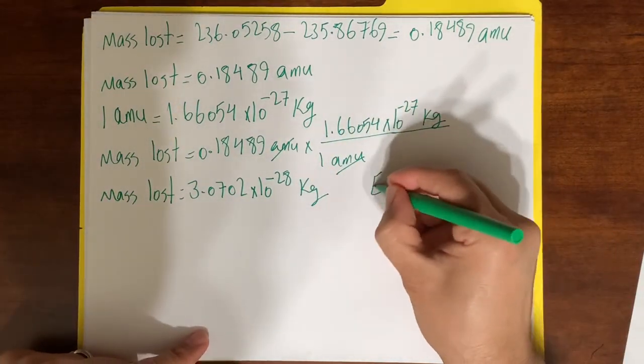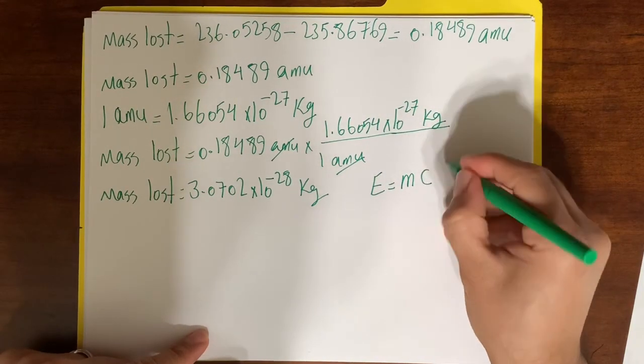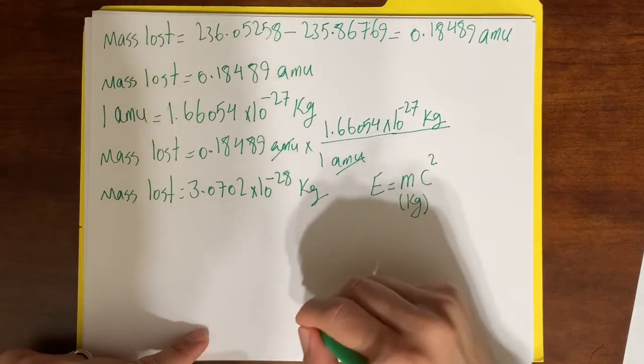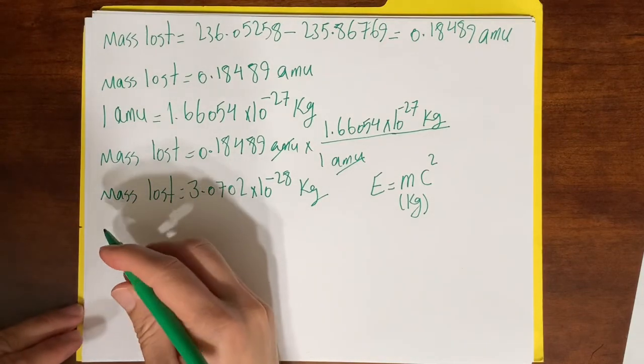I had to transfer this one to kilogram. Why? Because in this formula, energy equal to mass multiply square of velocity, m comes with kilogram unit, so we need to have the mass loss in kilogram. And now we go with this.